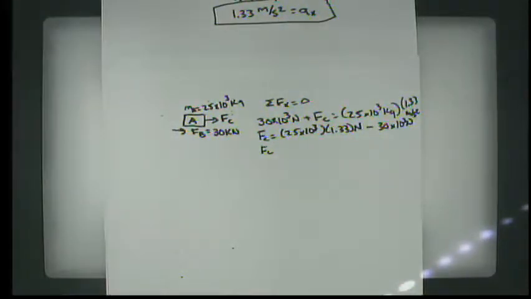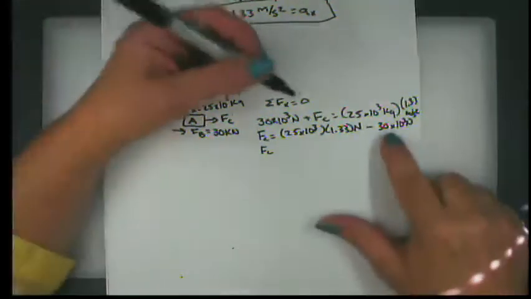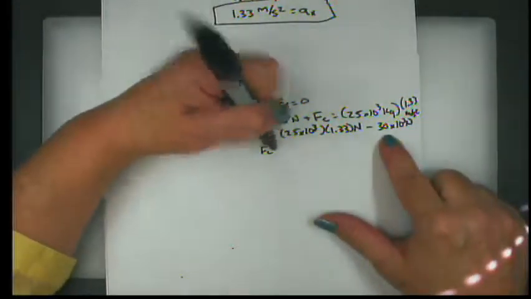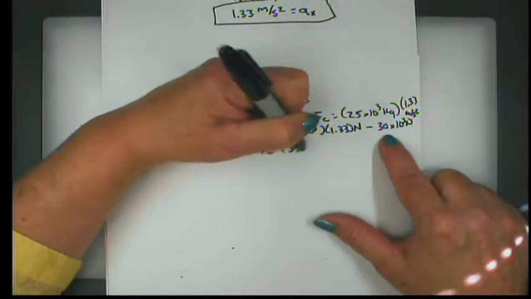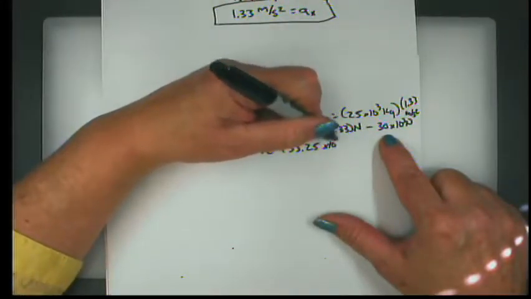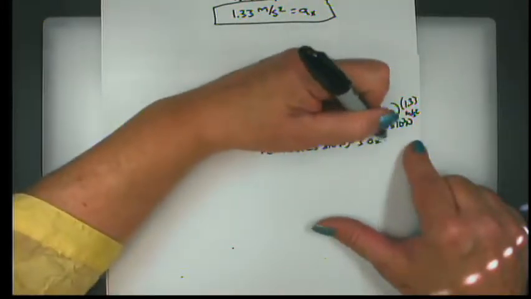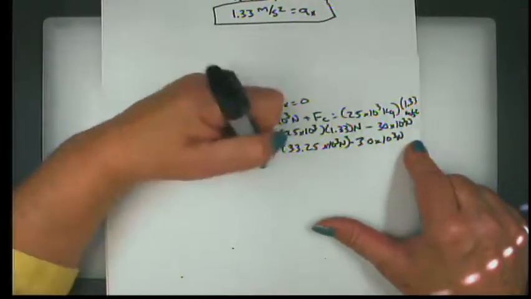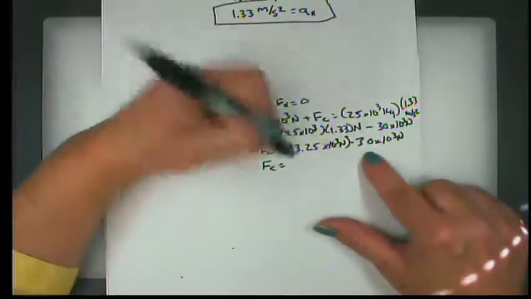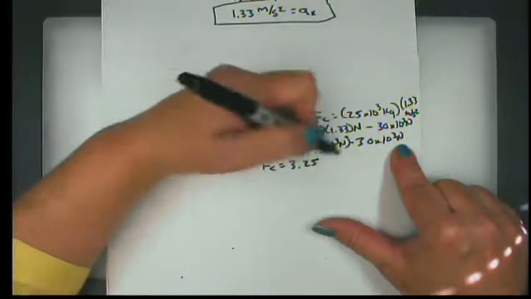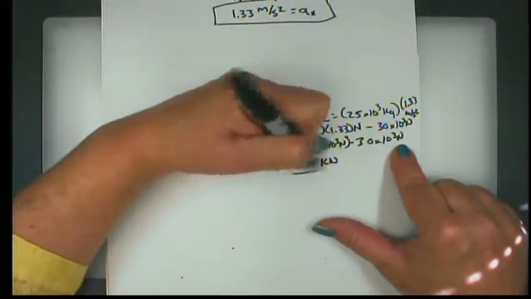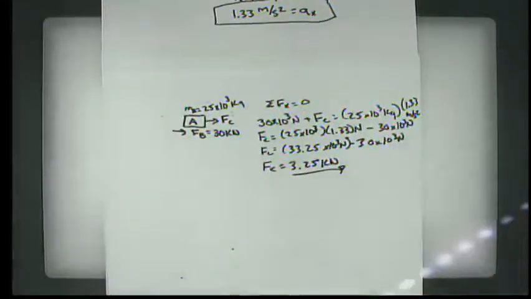What is 25 times 1.33? Yes, it's 33.25 times 10 to the third newtons minus 30 times 10 to the third newtons tells me that the force in the coupling is 3.25 kilonewtons, or 10 to the third newtons.